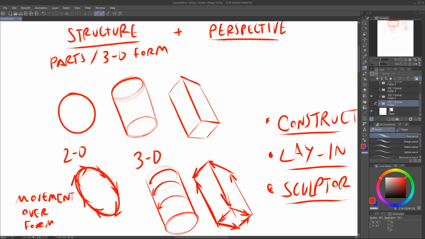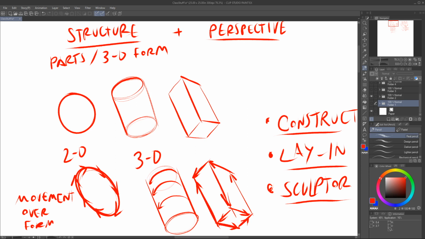This cylinder right here, with the ends that it has, and then the extra curves that I drew over the top of it, describes a 3D shape. This box here also describes a 3D shape of structure. Also, in addition to this, you can tell which directions it's facing, because it has different planes on it.